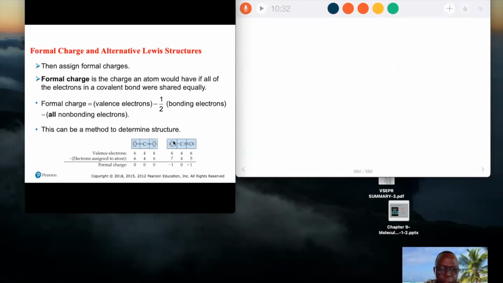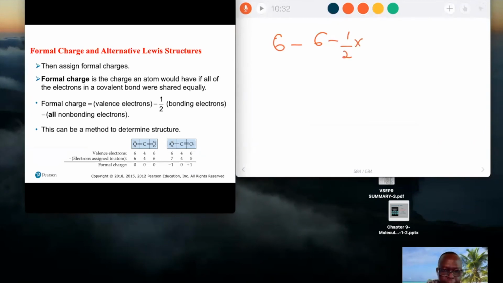structure, the first oxygen here, you say 6 is the valence electron, minus non-bonding, 1, 2, 3. So I have 6 non-bonding electrons minus a half of what?